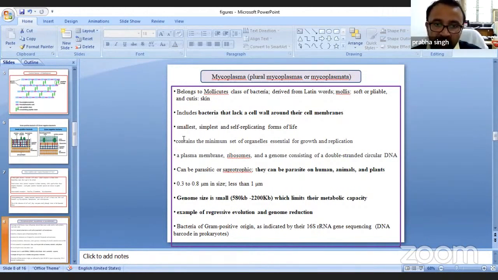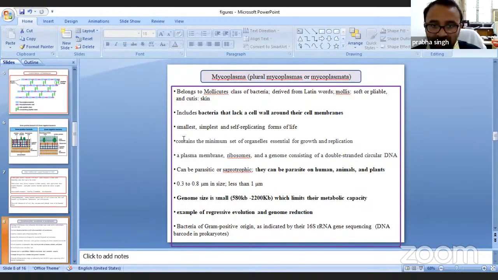Okay. So they contain a plasma membrane, they have ribosomes, and they have a genome consisting of double-stranded circular DNA. They can be parasitic or saprotrophic. Either they require a living cell for their survival, or they may feed on the dead cell. And they can be parasites on humans, animals, and plants.